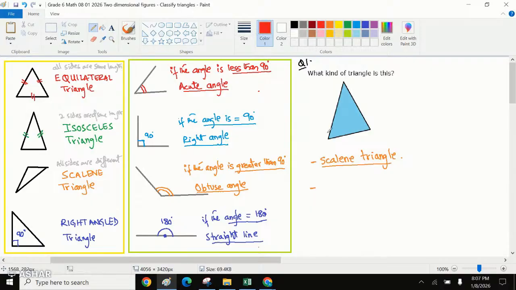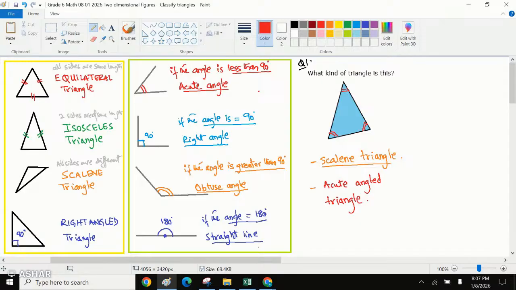All the angles of this triangle are other than the right angle. In this case, all the angles are acute. So we can also say that this is an acute angled triangle.